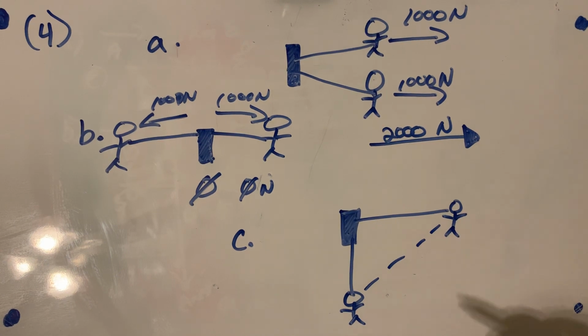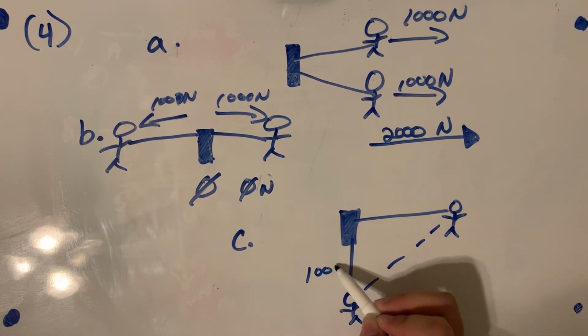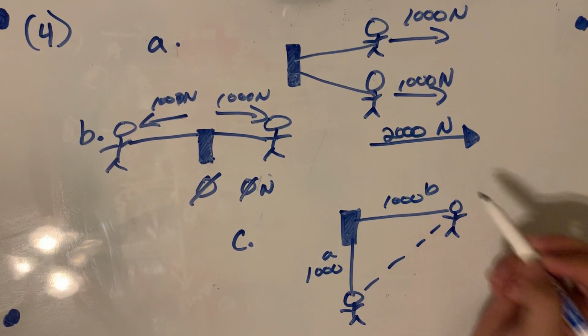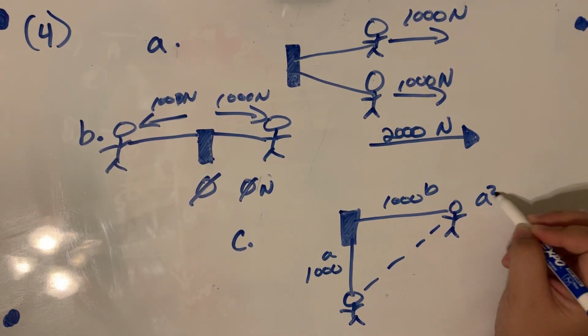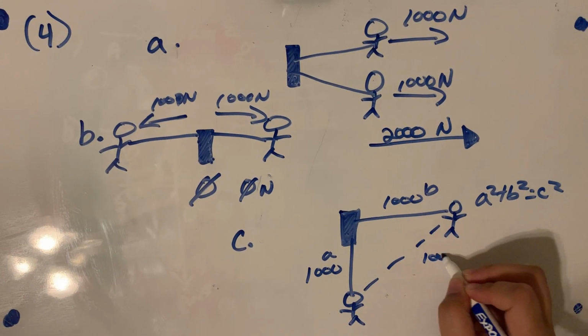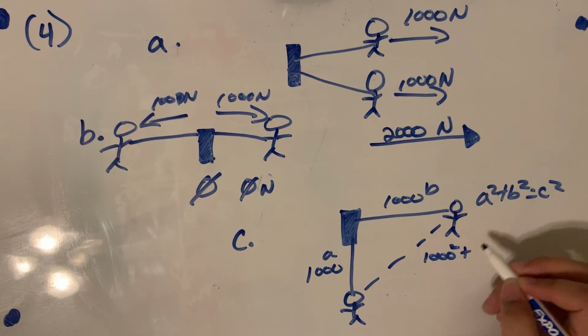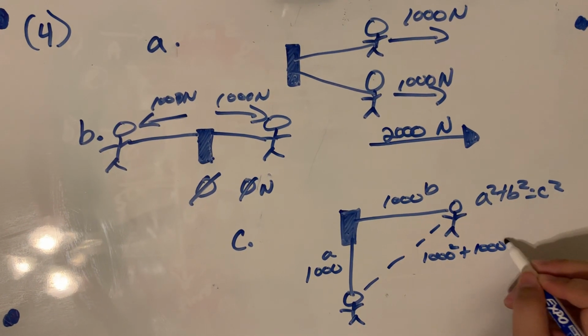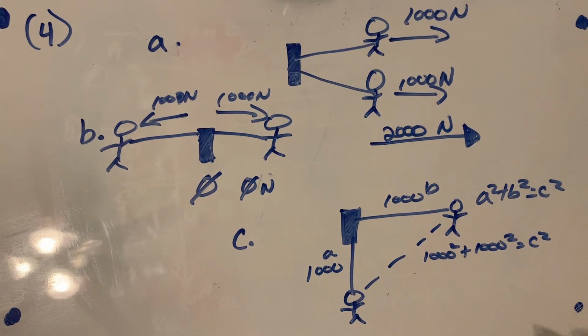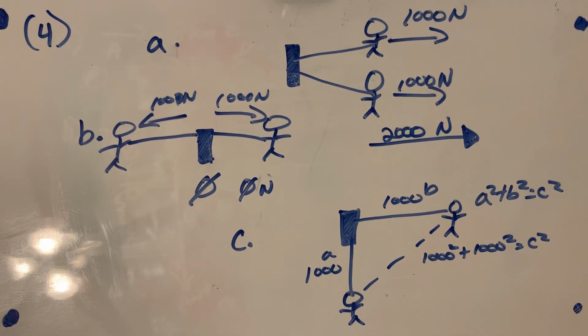So, this guy pulled 1,000. This guy pulled 1,000. A, B, doesn't matter which one you make them. A squared plus B squared equals C squared. You have 1,000 squared plus 1,000 squared is equal to C squared. Just put it into your calculator.